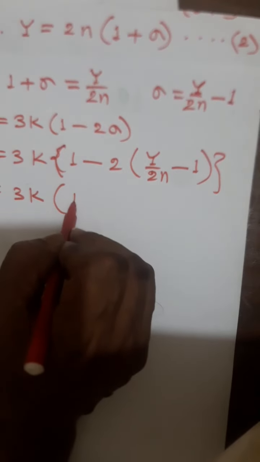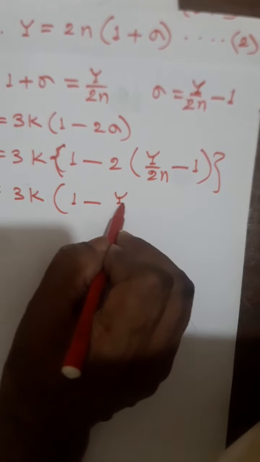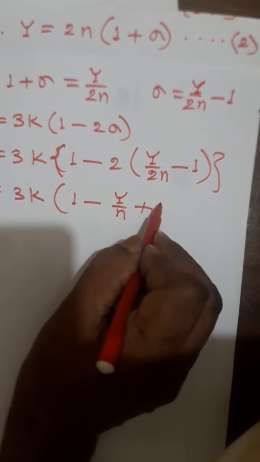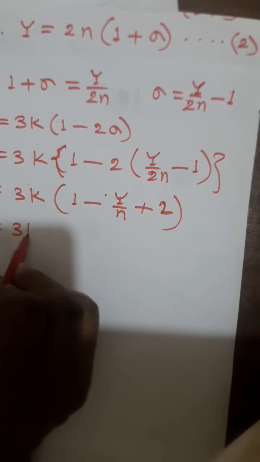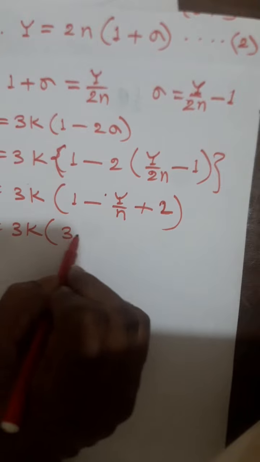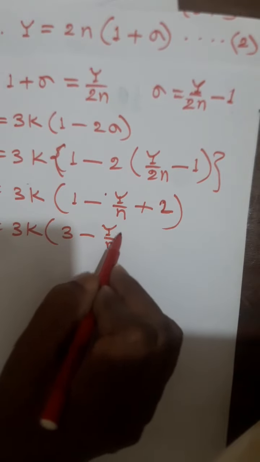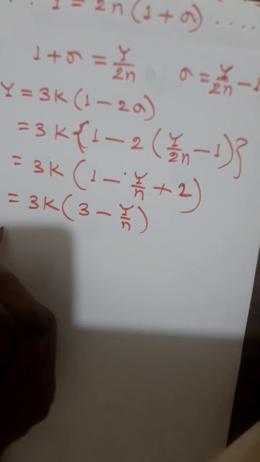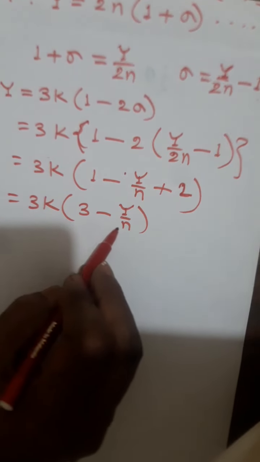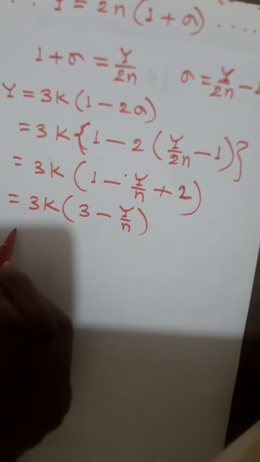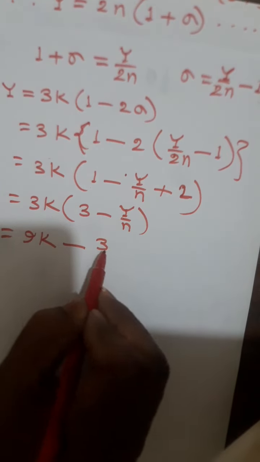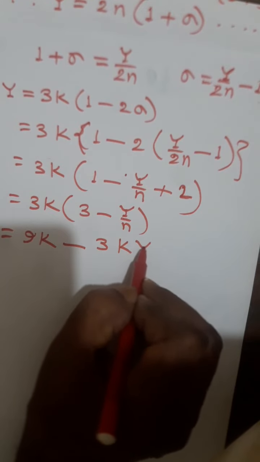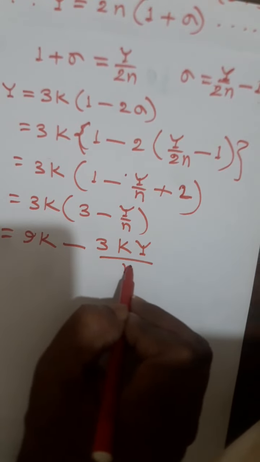That is 3K into 1 minus Y by n plus 2, that is 3K into 3 minus Y by n. That is 9K minus 3KY divided by n.